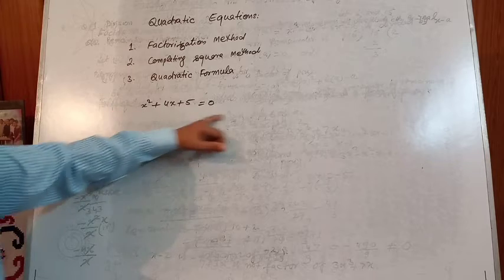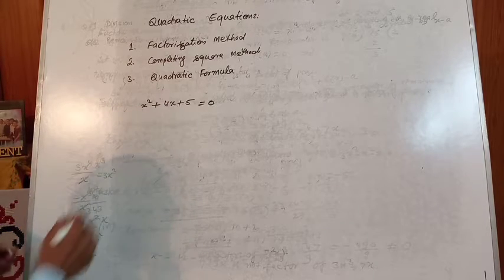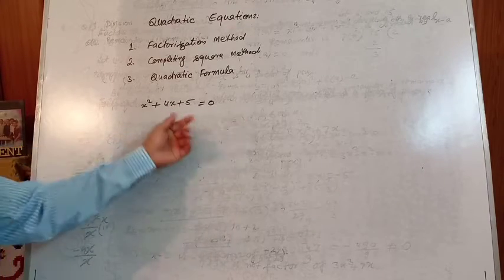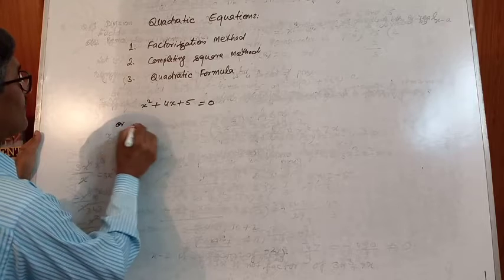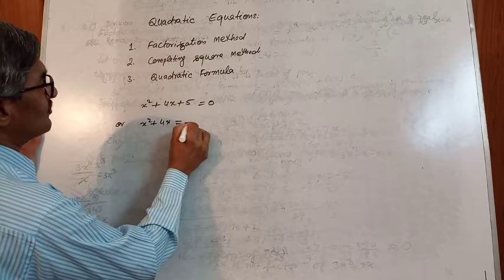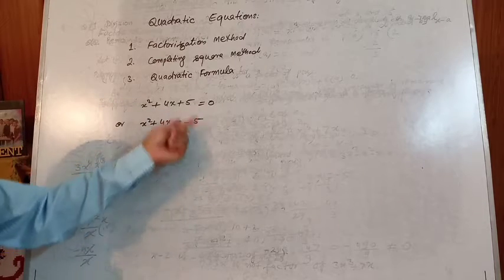For that we have to divide. Here there is already 1, so we need not divide. The next step is to transpose the constant term to the right side: x square plus 4x equals minus 5.